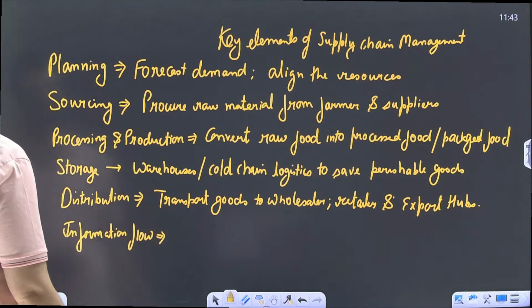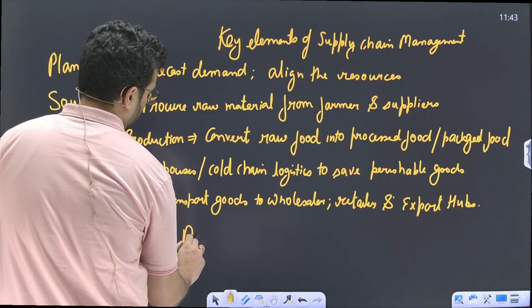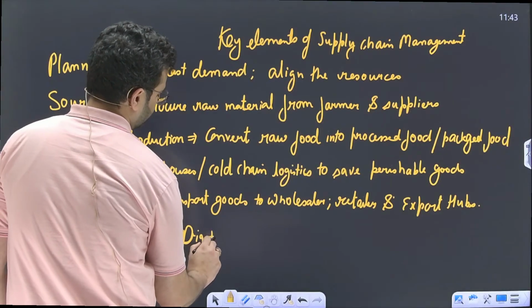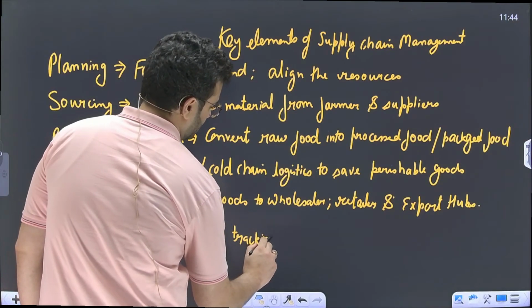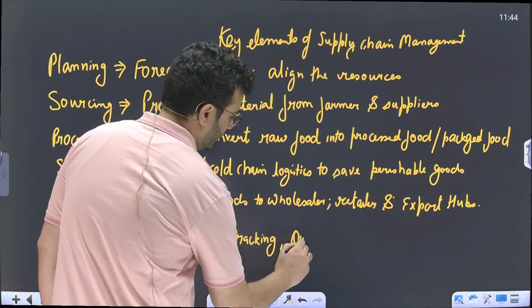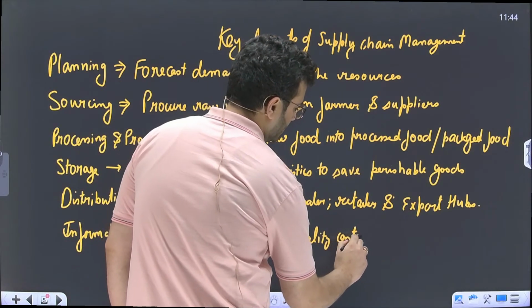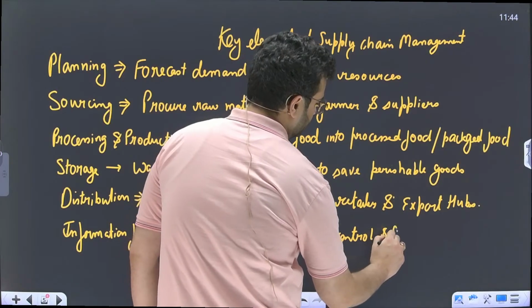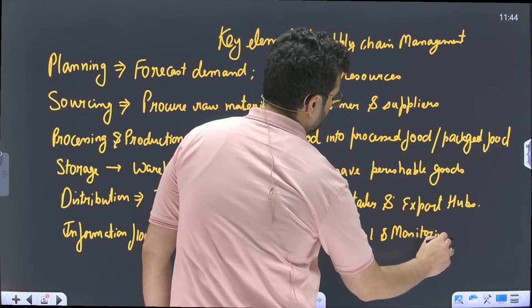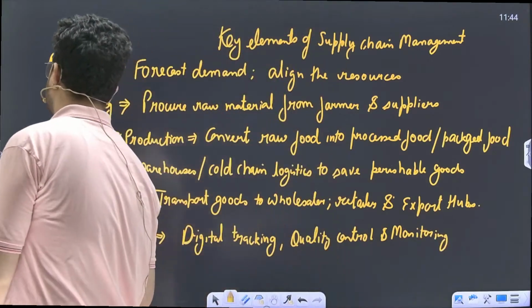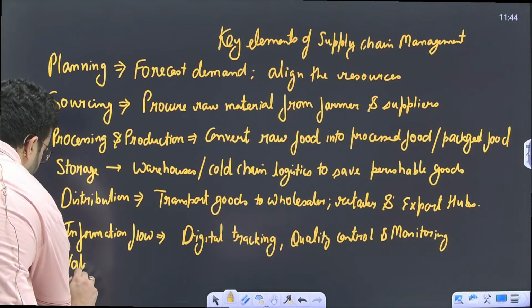What is the information flow? That means digital tracking, quality control, and monitoring. And lastly, value addition.